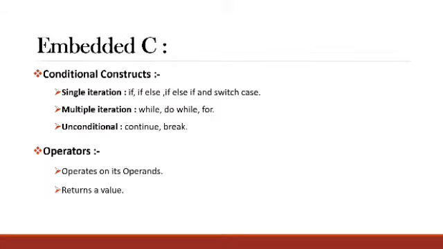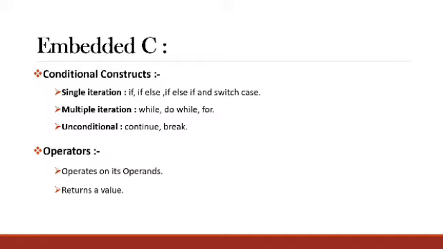And embedded C has conditional constructs. The single iteration ones are if, else if, and switch cases. The multiple iteration ones are based on while, do while, and for loops. The unconditional constructs are continue and break, which we use in C programming.